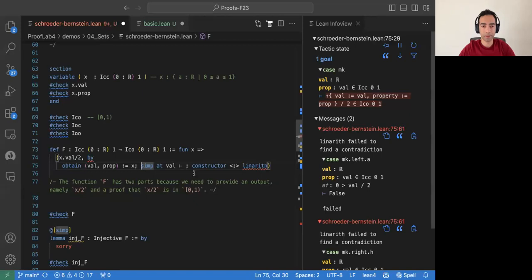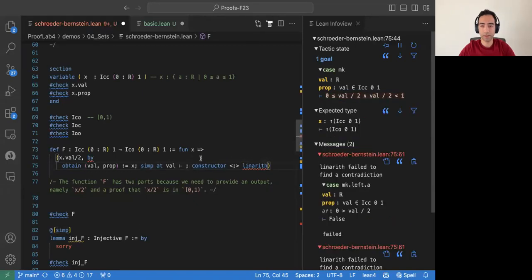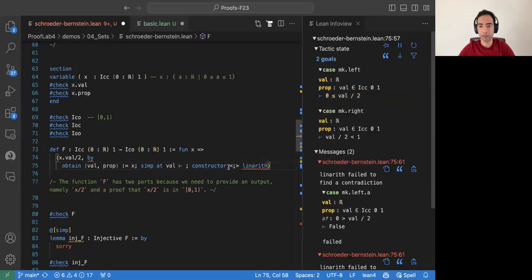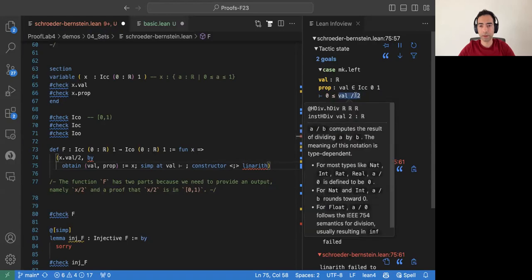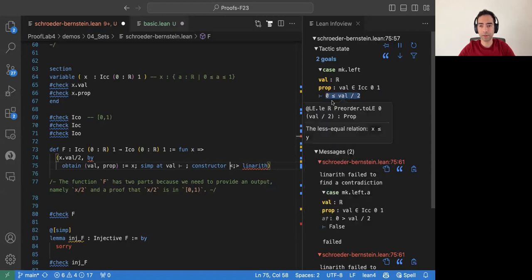So right, after this, my goal is a conjunction, right? And I can prove a conjunction by proving each part separately. That's what the constructor does. Okay. So the question is, why is val over 2 bigger than 0, and why is it less than 1? Well, we have to use this prop at some point.